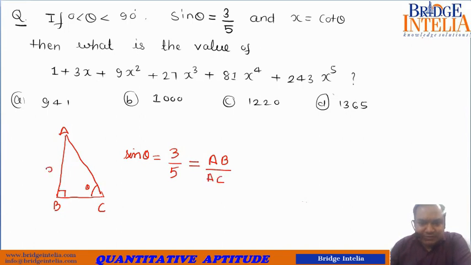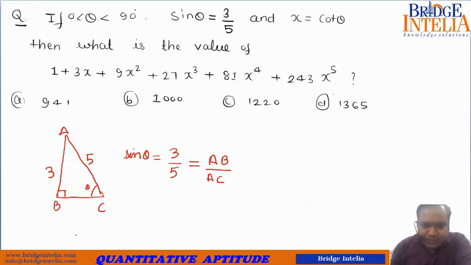So if this is assumed to be 3 and this is assumed to be 5, then we can use the Pythagoras theorem, as I already told you that these terms are associated with a right angle triangle. If there is no right angle triangle, there is no significance, no meaning of these terms like sine theta, cos theta.